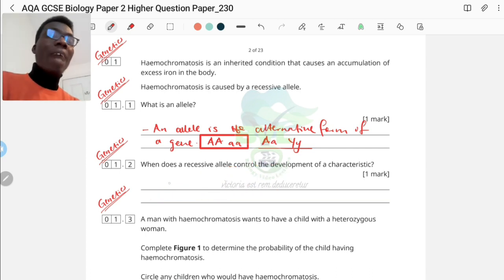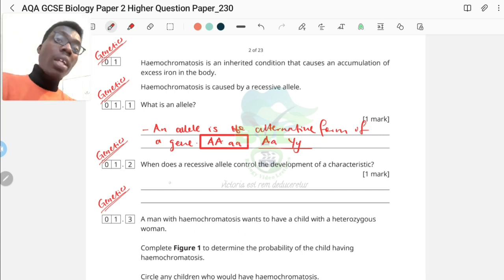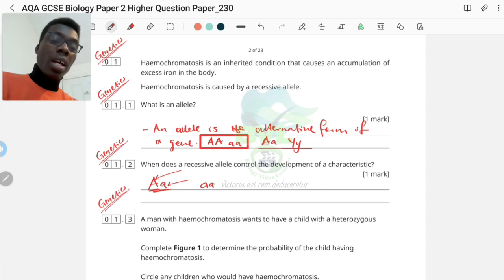However, if you have the recessive allele in homozygous form, then it's going to show. What do I mean? We said earlier, I wrote A and A. This is dominant, this is recessive. Whatever it is carrying is what's going to show in the organism. We said this was black and this is white, so if you have two white alleles, this organism is going to be white in color.